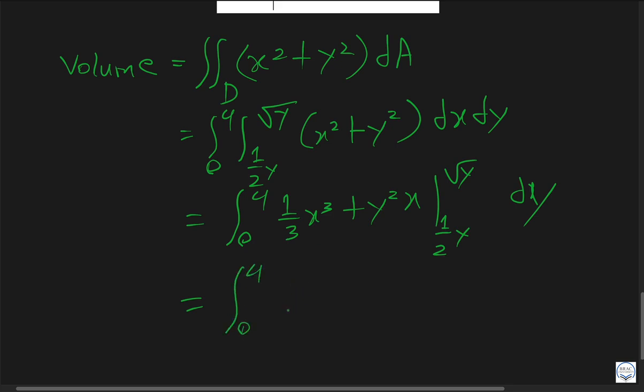So now we just substitute the limits. We get 1/3 y to the power half, the square root is just y to the power half, to the power 3, plus y squared times y to the power half.